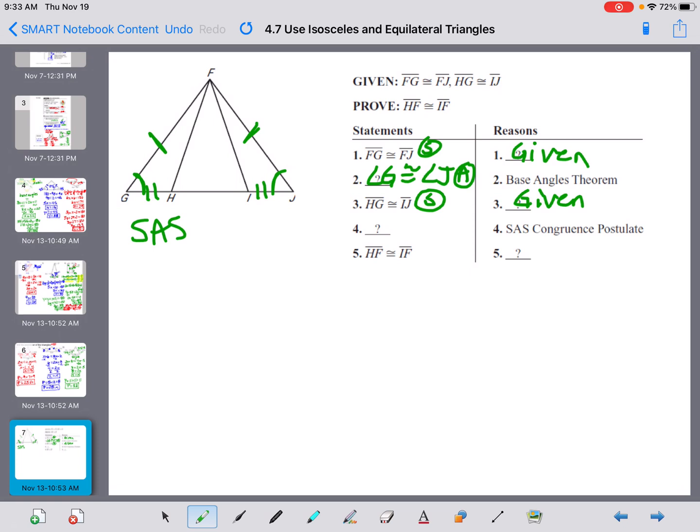So by the side angle side, we need to name those triangles. Okay, if I start at the top and go FGH, triangle FGH is congruent to triangle FJI by side angle side. And then, from what we said earlier, these two sides, FH, or HF and IF, that's what they called them, are congruent. And the reason is corresponding parts of congruent triangles are congruent.